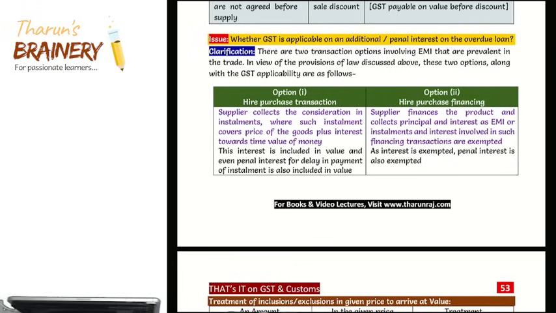Got the clarity? So read it once. Just go through those two points. You will get clarity about whatever I have discussed so far.